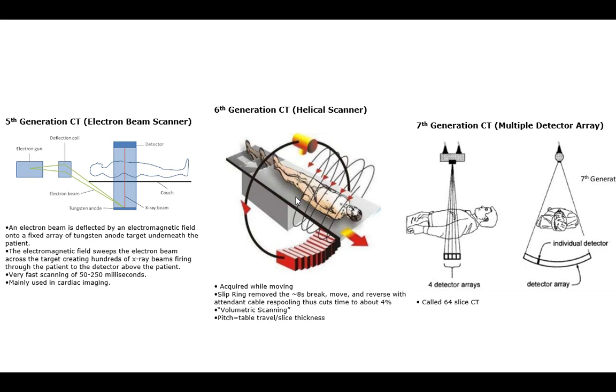I mean, literally, it's in milliseconds that this thing will take a complete slice, not just an image, right? The upper half is detectors, so I get a complete image of you, and I'm not rotating anything. The only thing being swept is the beam. I can move that really fast.